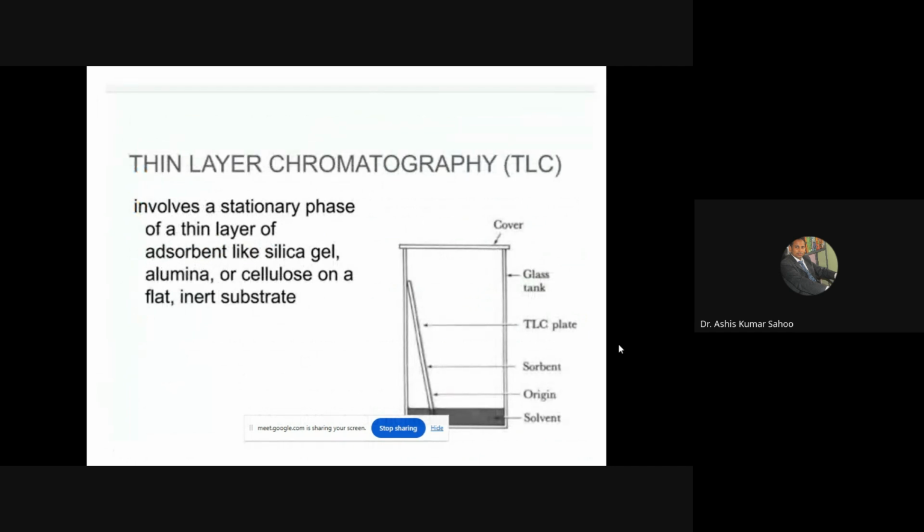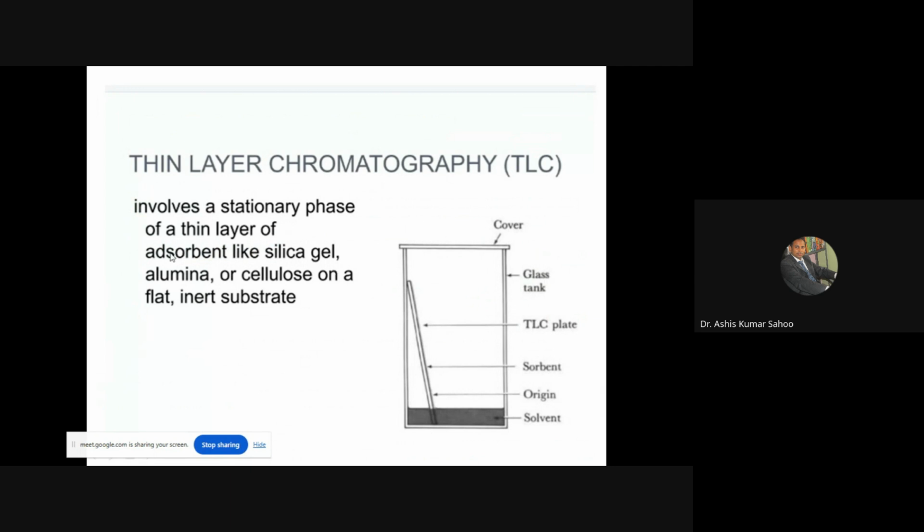So TLC is simple like paper, but it is a small thin layer chromatography paper. So this is a jar. In this jar we take a thin layer chromatography TLC plate, and here we will be given solvent, and the solvent will capillarize on the thin layer.